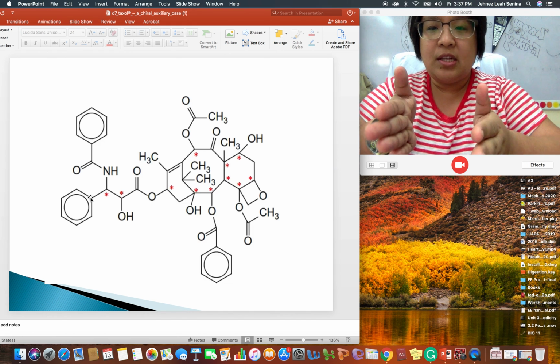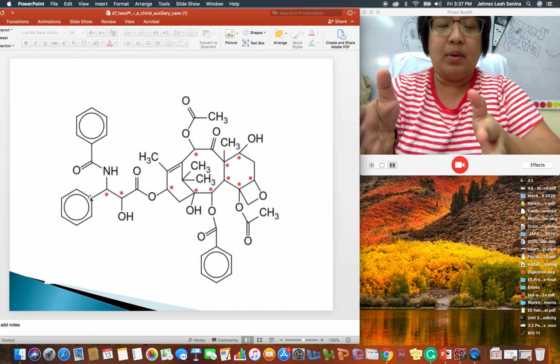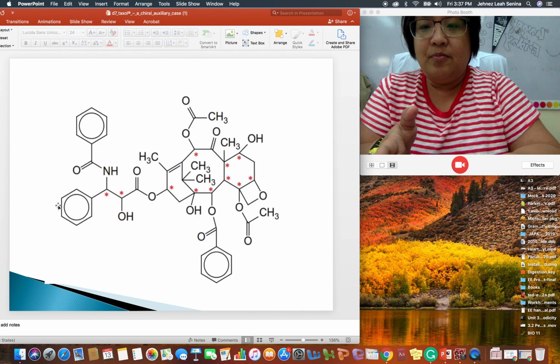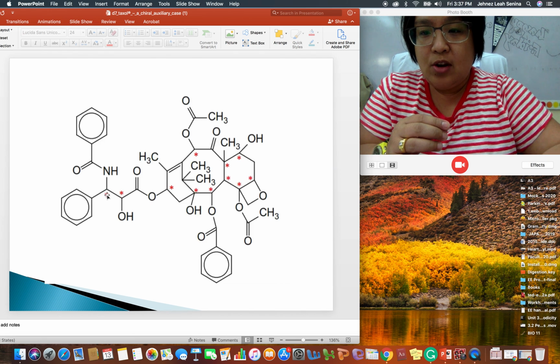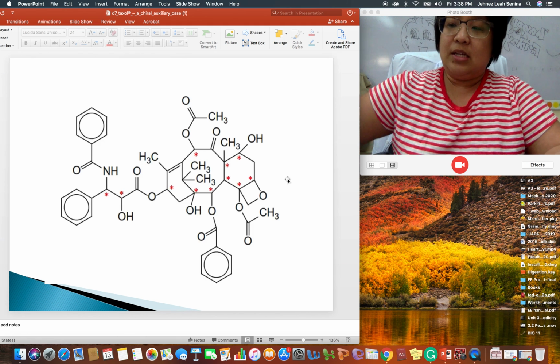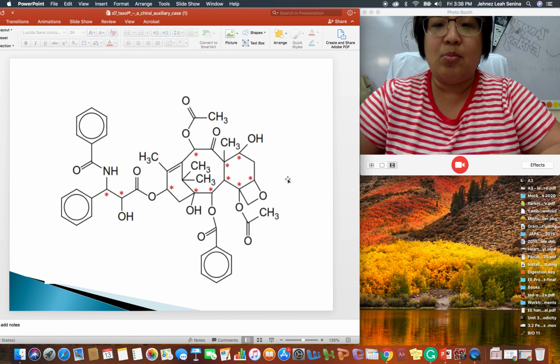Now, in this case, you have a lot of chiral carbons, so you don't just have one enantiomer. You have many enantiomers. You can have mirror images around the carbon here, here, here, here. This molecule has about 2,000 enantiomers.